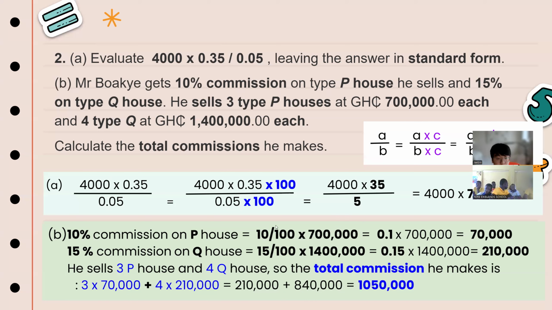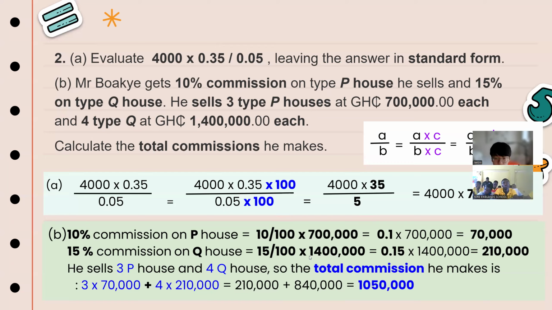The 10% commission on P that we've solved was 0.1 times 700,000, which is 70,000. Next, the commission on a Q house is 15% of 1.4 million Ghana cedis.